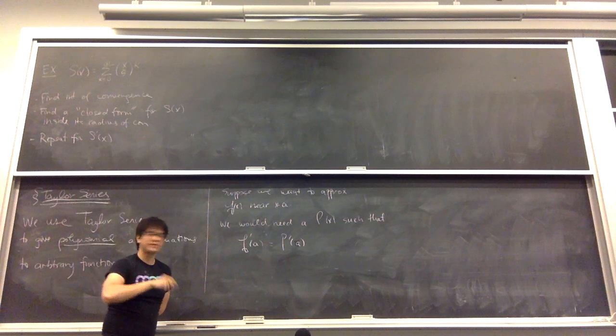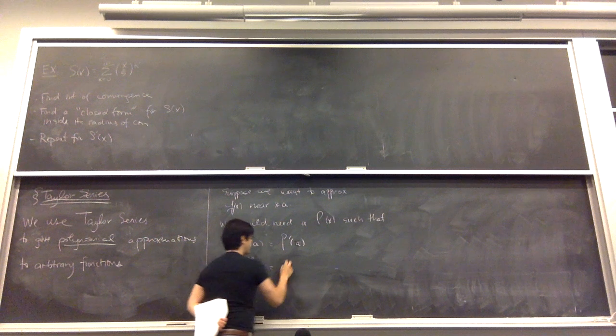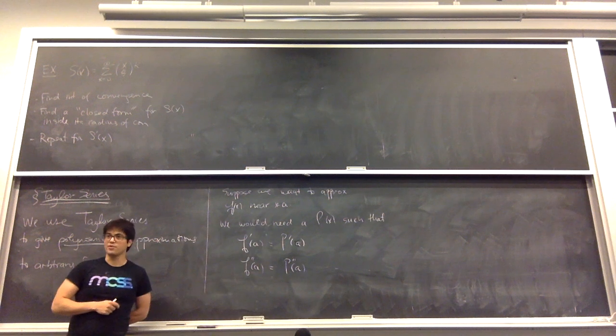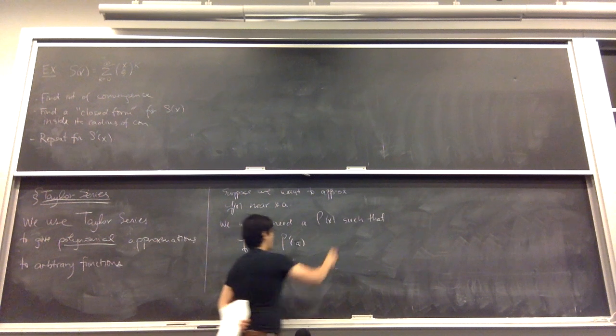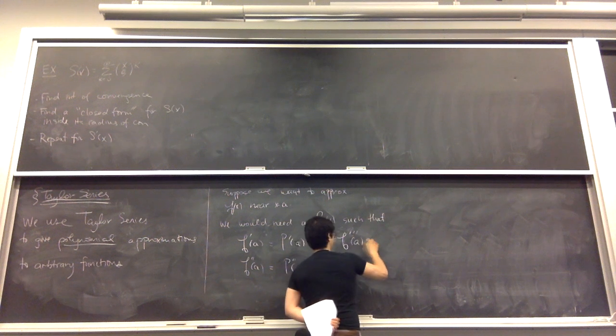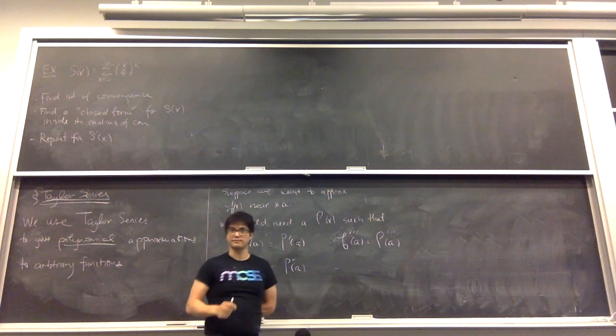That their slopes match. What's the next thing that we'd like? Well, we'd also like for our power series to have the same curvature at that point. We'd also like our power series to have the same inflection, right?